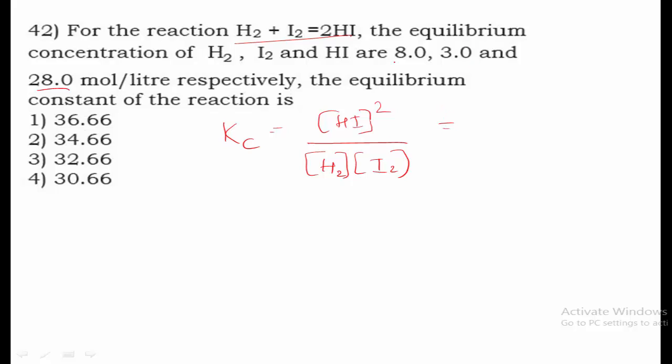So HI value is given, that is 28.0 mole per liter. Substitute that, 28 square divided by H2 value 8 into I2 value 3. Upon simplification you will get 32.66. So the answer is option 3, 32.66.